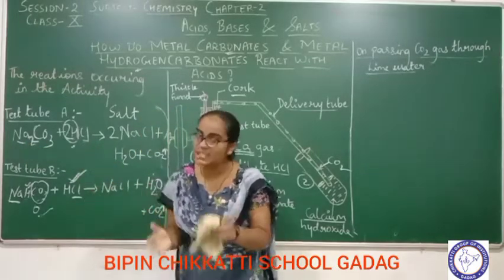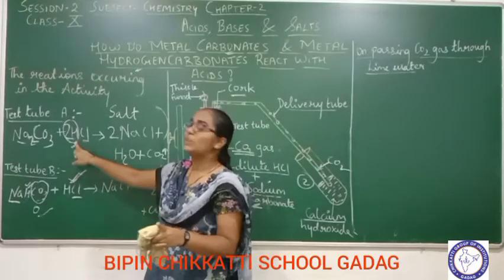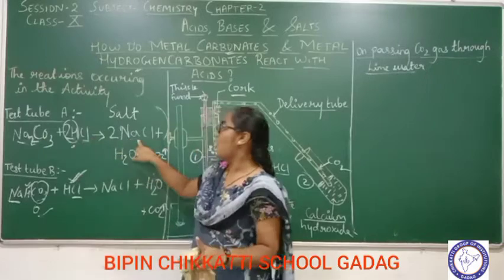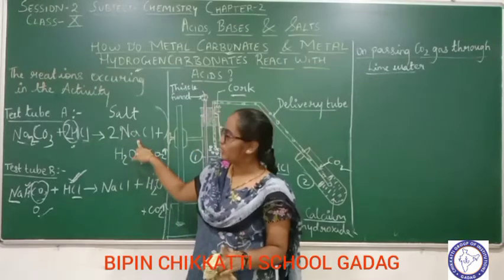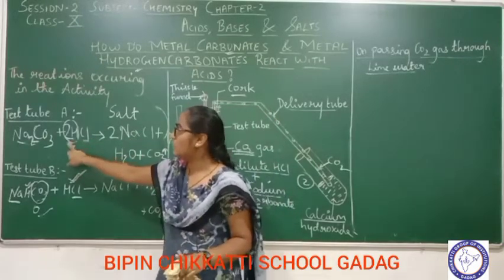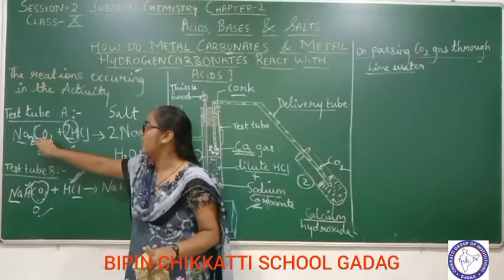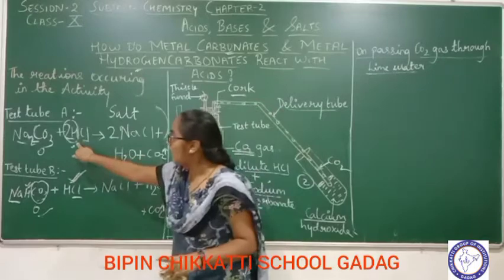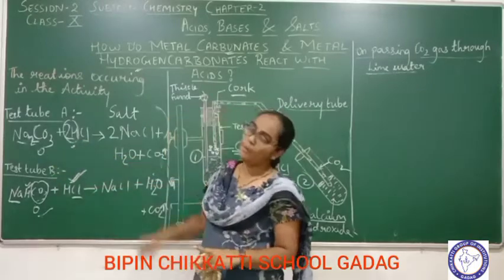In order to balance the reaction, we need to write 2 here because 2 sodium will react with the 2 chlorine to form 2 NaCl molecules, and the 2 hydrogen will react with the 1 oxygen which is remaining after removal of carbon dioxide from carbonate, to form water.